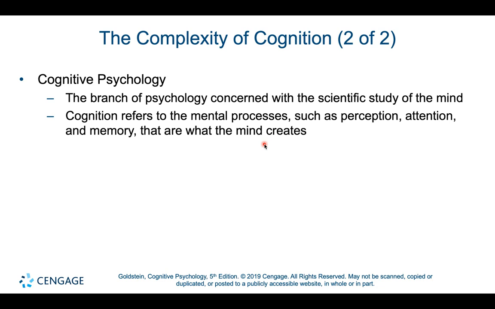So a cognitive psychologist might study memory and how and why people remember particular things and maybe forget other particular things. A neuroscientist might study how the buildup of amyloid plaques in the central nervous system leads to Alzheimer's disease. Right?